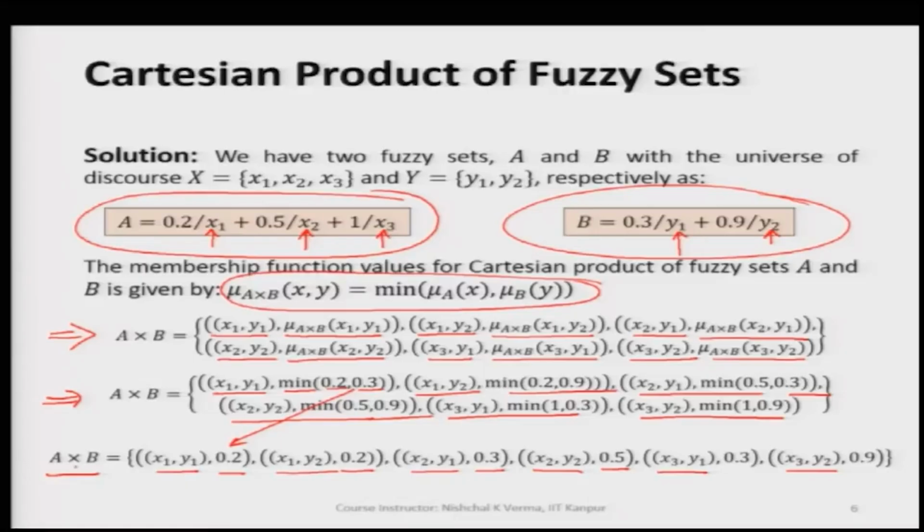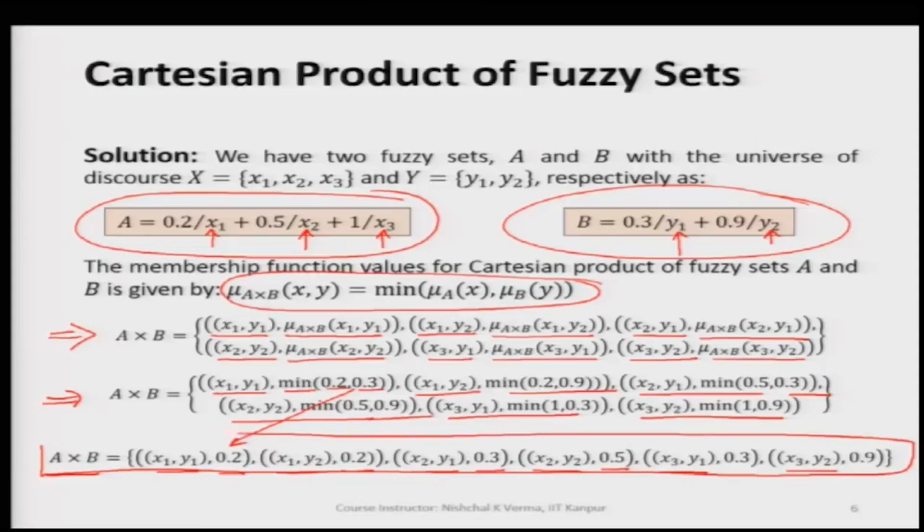So, now very easily we have found the Cartesian product of 2 fuzzy sets. In this fuzzy set we have the ordered pair elements along with their associated membership values.